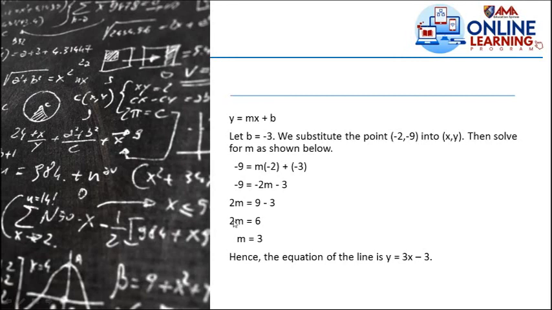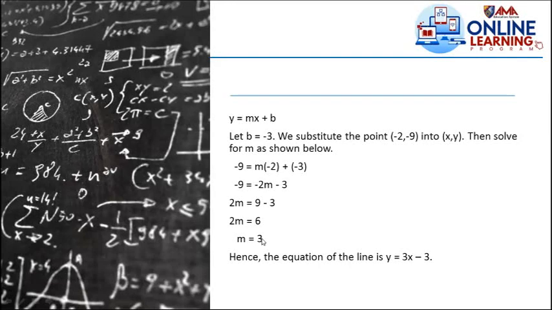So therefore, 2m is equal to 6. If we're going to solve for the slope, m is equal to 3. So we have your formula. Hence, the equation of the line is y is equal to 3x minus 3. So yung value ng 3 natin, that's our m.